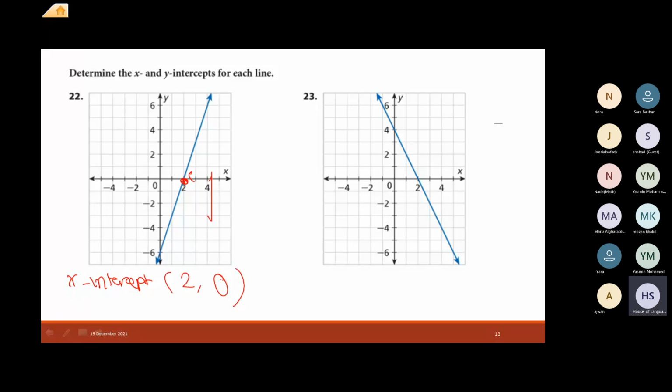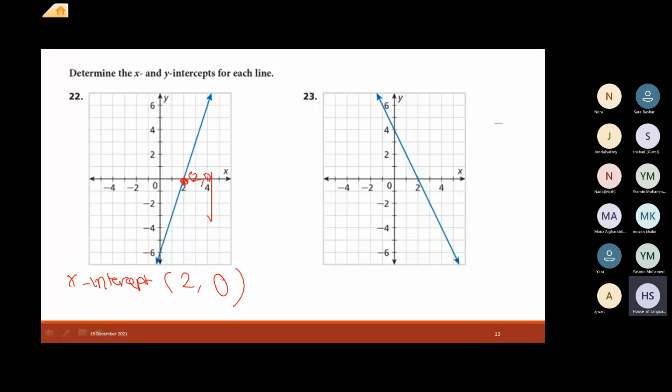Isn't 2 the x? Okay, what about y? It's 0. I'm talking about the x-intercept. At which point does it touch the x-axis? At 2, 0. The y will be 0 if it's on the x-axis.